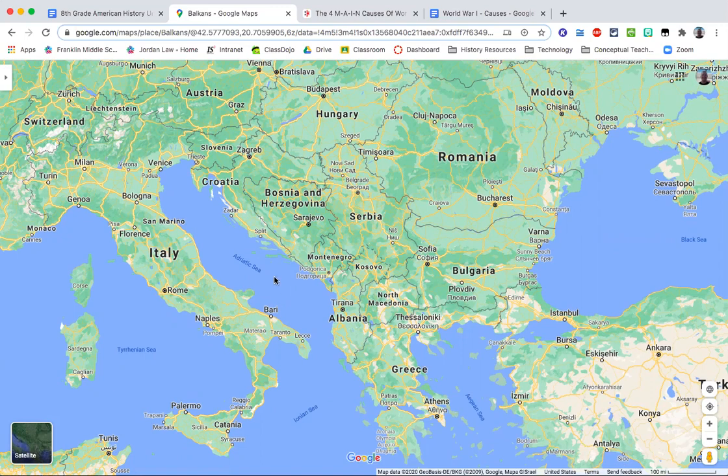For those of you who maybe are a little more familiar with some older technology, gunpowder is what is ignited to fire bullets out of old style guns. And in large amounts, if it catches fire, it can explode. So it's called the Balkan powder keg because it's not going to take a whole lot, just one little spark, and this whole region could just erupt in war. And we're going to find out that that's kind of what happens.